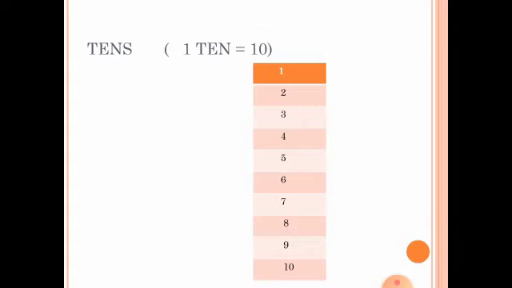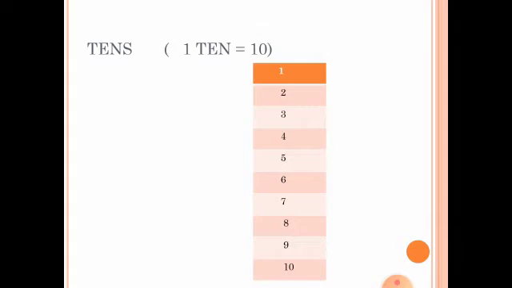So all the numbers which have double digits like 10, 20, 30, 40, 50, 60, 70, 80, 90 up to 99 can come in the column of 10.